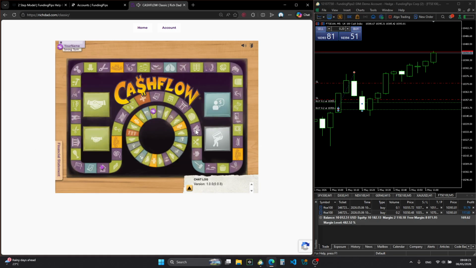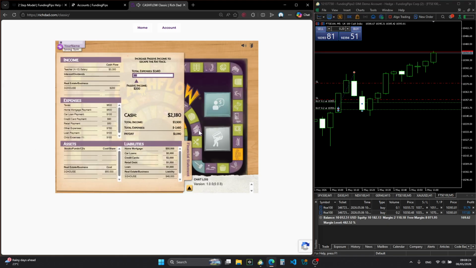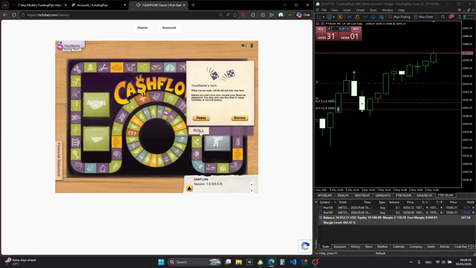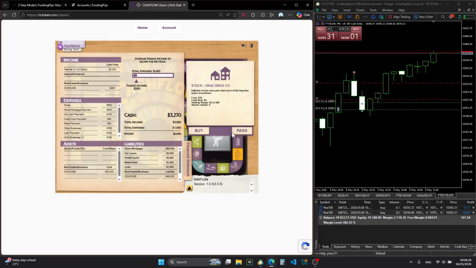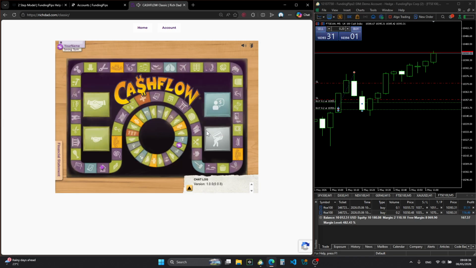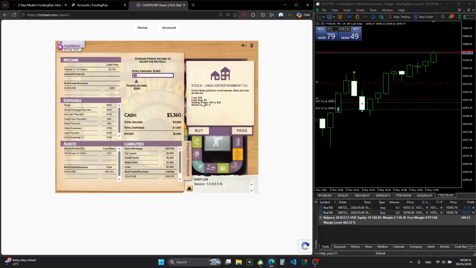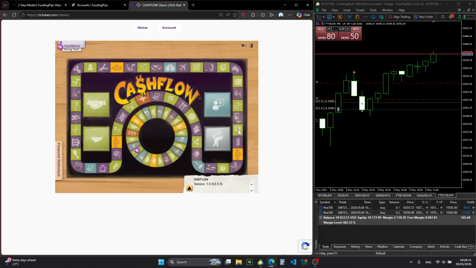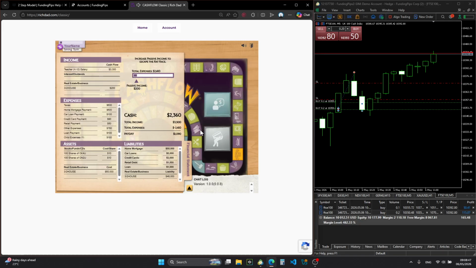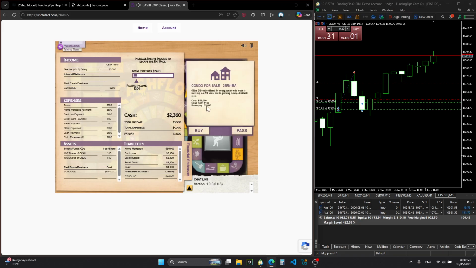It gets more interesting. Pure financial freedom. Now it's almost at the bottom. So I'm buying again, 5000.